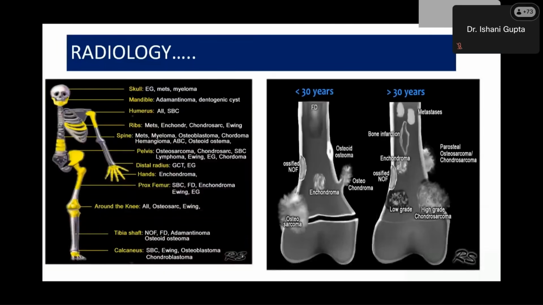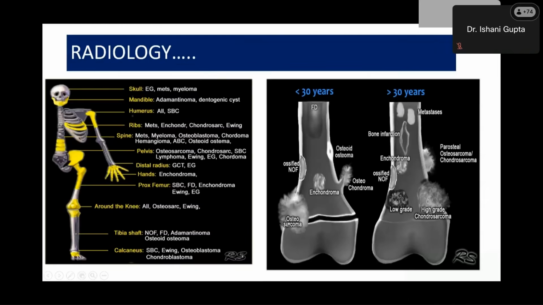When the radiology happens, this is a recap of what we heard on Tuesday: every member of the team, not just the radiologist, should be aware of which bones in the body have which tumors in more frequency compared to others, and also within a given bone, which part of the bone carries the risk of development of which tumor.